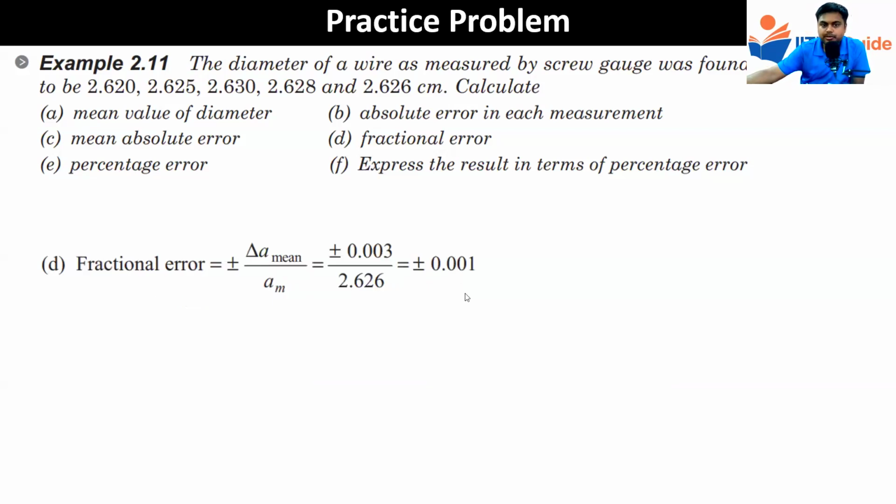The fractional error is going to be 0.001 because it's delta A mean divided by the mean value. If it is clear, please raise your hand. And then find the percentage error, and the results we have to express in terms of percentage error.